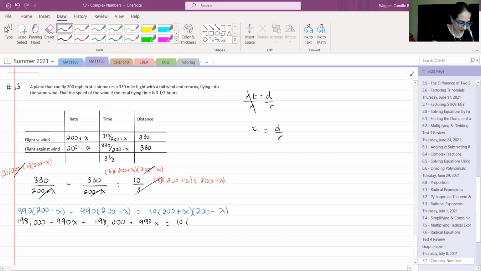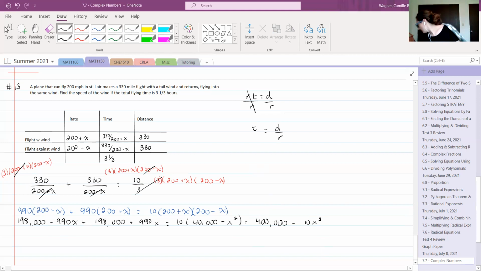So when we square 200, we're going to get 40,000 minus x squared. That's what happens when we multiply conjugates. Middle terms are going to cancel out. And then I can just finish the left side. 40,000 times 10 is going to be 400,000 minus 10x squared. I think you guys can probably get there from here.